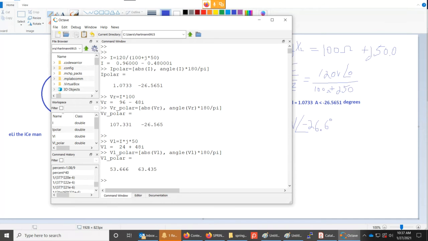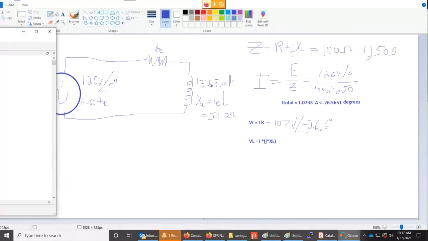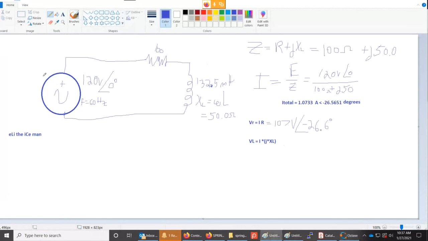Don't miss any. All right, and that'll give me the polar form. So this is 53.7 volts at an angle of plus 63.4 degrees.